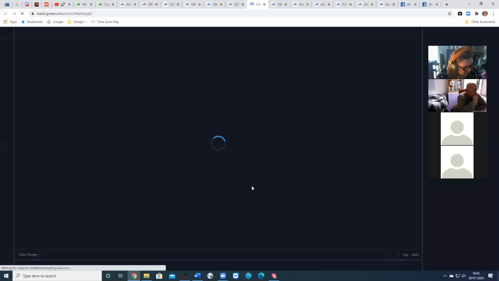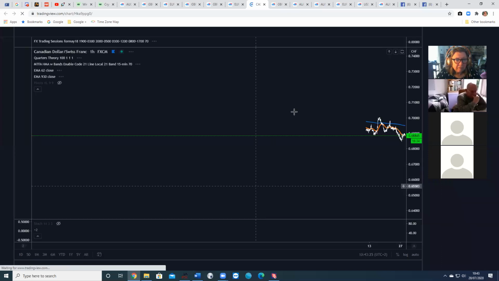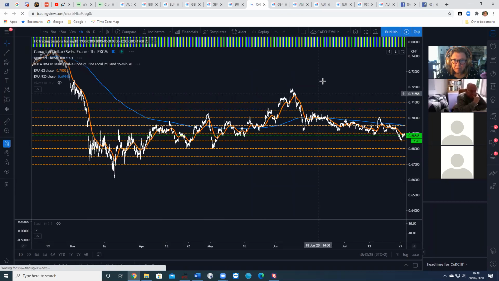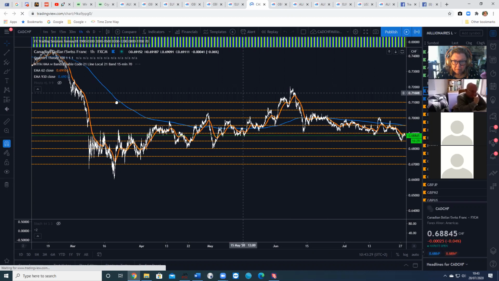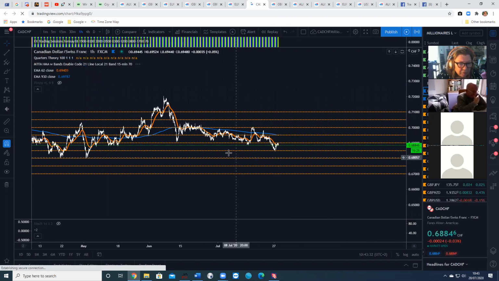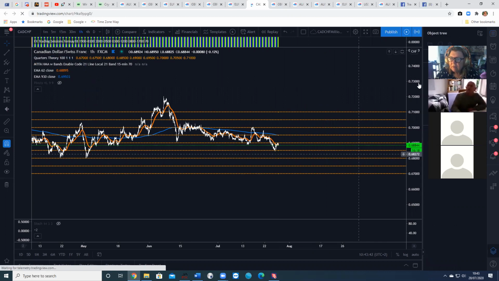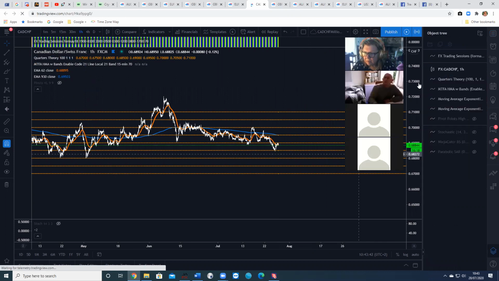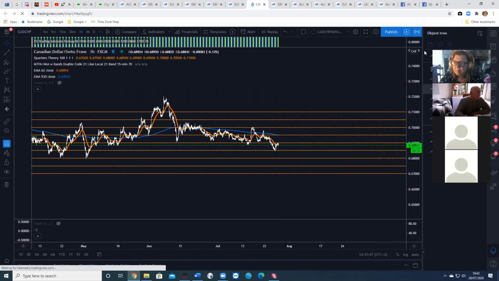Canadian dollar CHF. Not sure I've got pitchforks on this. I don't think I've ever had a pitchfork on that. I don't know why I keep it on. I never trade it, obviously, because I've never had a pitchfork. Pretty sure I haven't. Just have a look. Not one pitchfork ever on that.